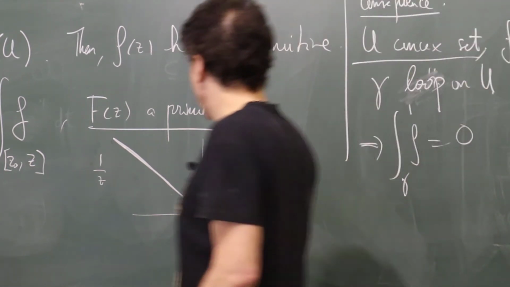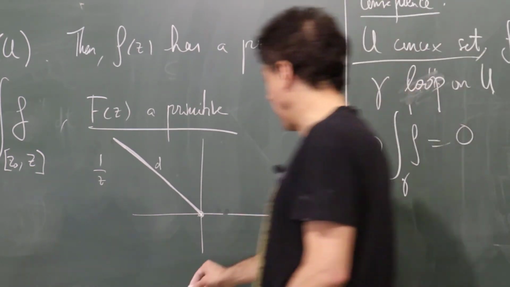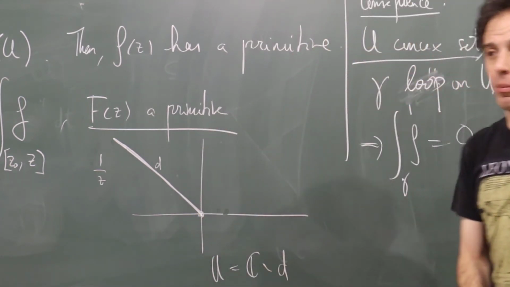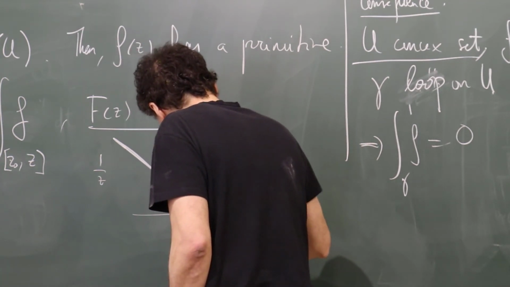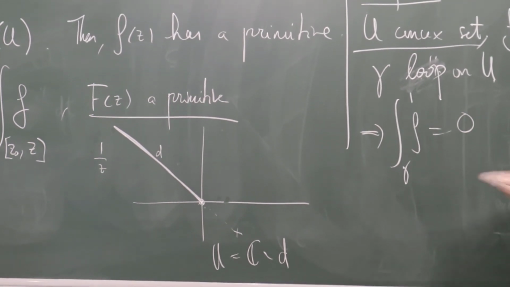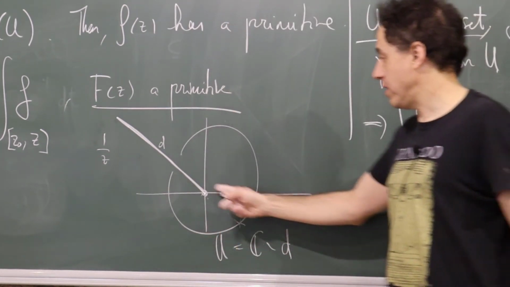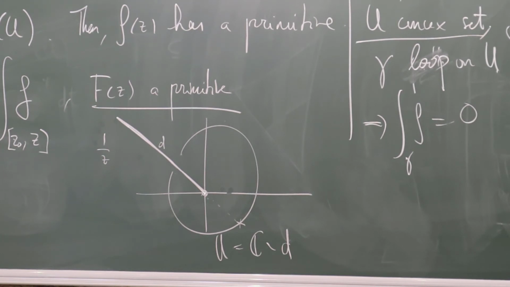Call this ray, including the origin, D, and take U as C minus D. This is a star-shaped domain, for instance with respect to any point here. So the function 1 over z defined here, not on this line, has a primitive, and the integral along any closed path is 0.